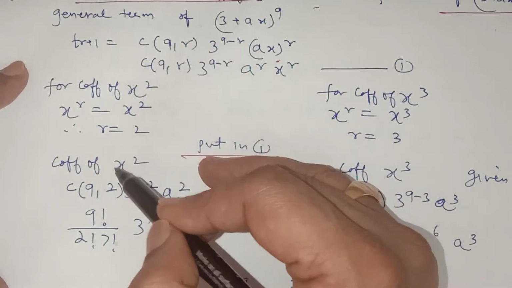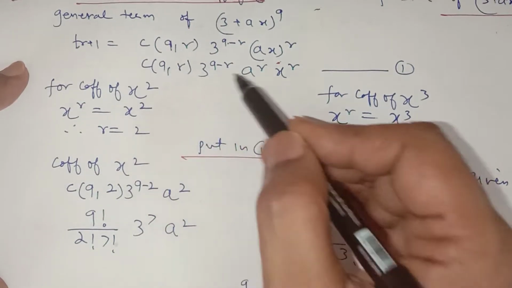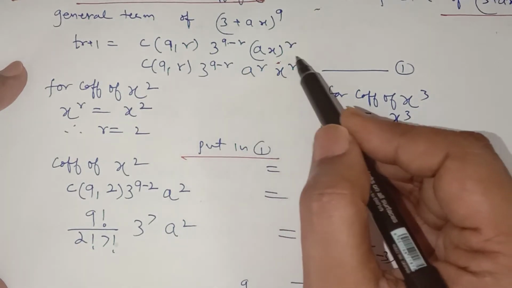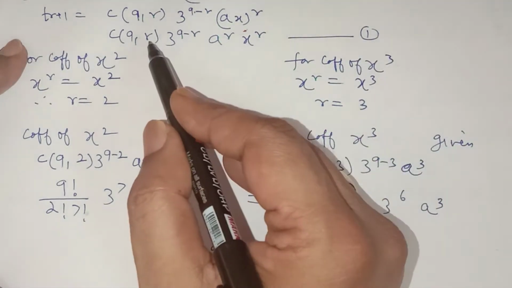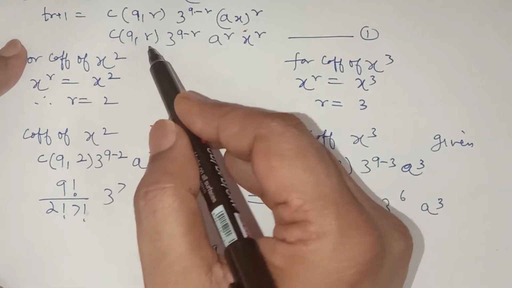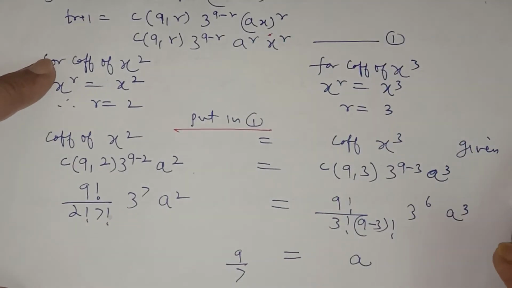The coefficient of x squared will be 9C2, 3 raised to power 9 minus 2, and a raised to power 2. The coefficient of x cubed will be obtained by putting r equal to 3: 9C3, 3 raised to power 9 minus 3, a raised to power 3, and put them equal to each other.